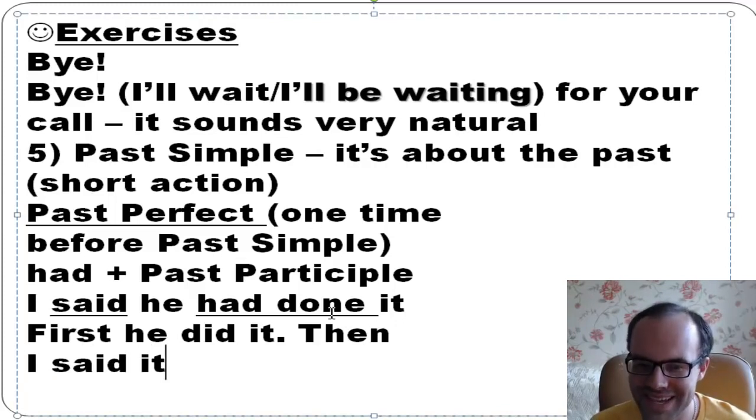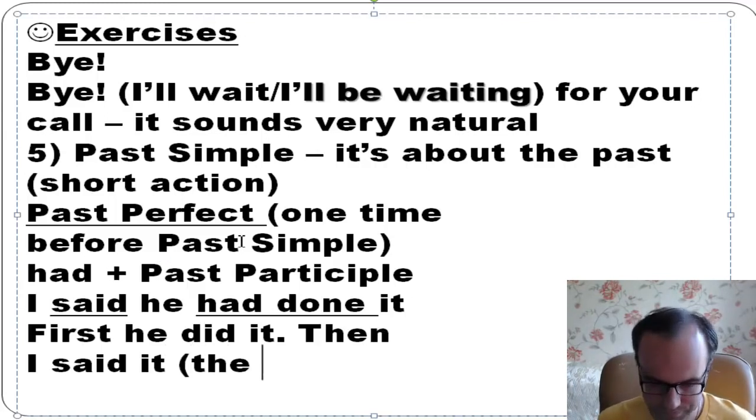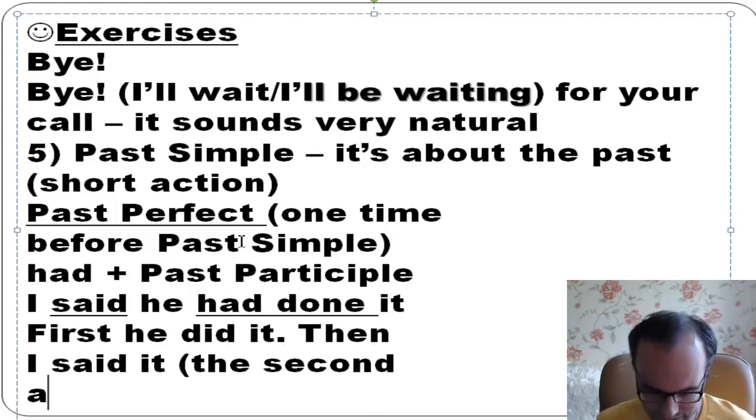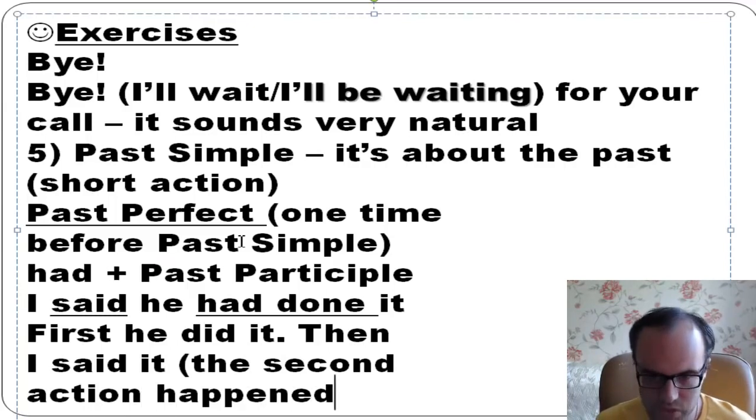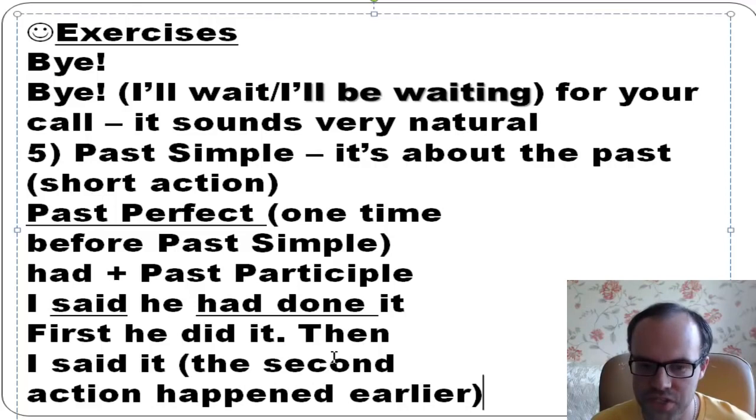So because the second action happened earlier. You see, the second action happened earlier. Yeah? So first he did, and then I said it. Okay? He said he had done it. First he did it, and then I said it.